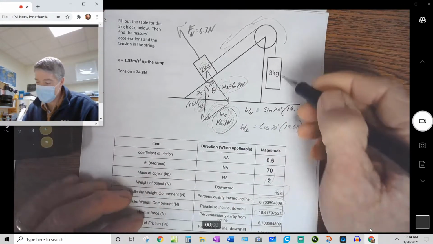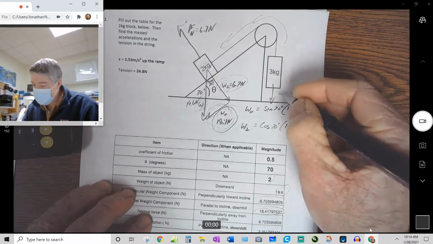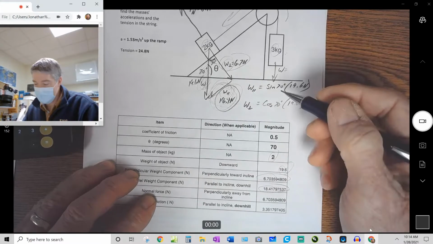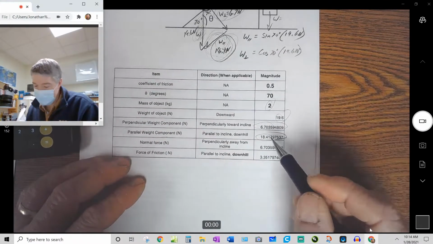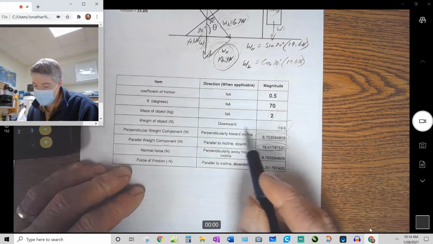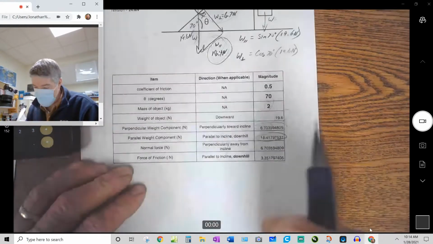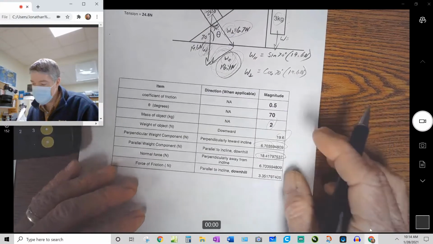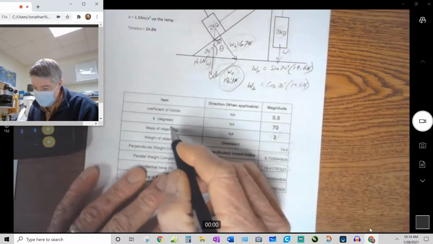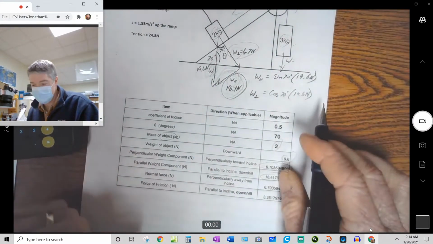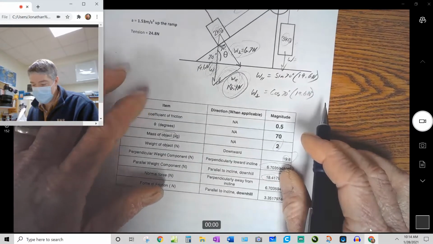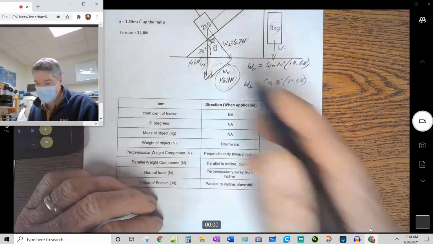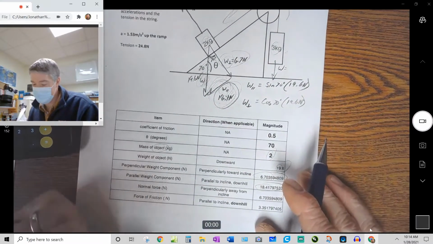We shall see. So the weight of this is mass times 9.8, and that is, I just wrote weight of object, mass of object. So the object must be the one on the hill. I wish I had specified, this is the item on the hill that we're talking about right here.